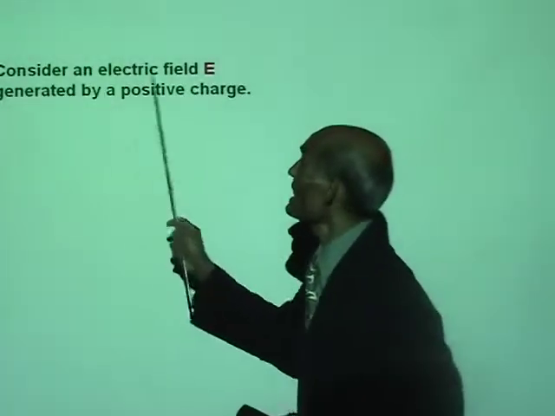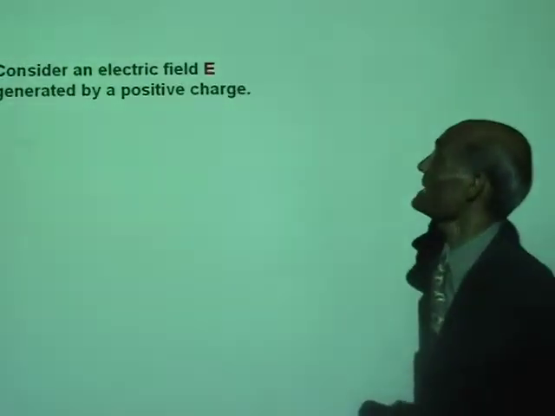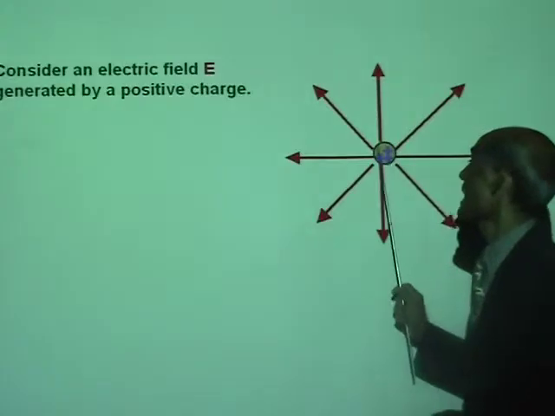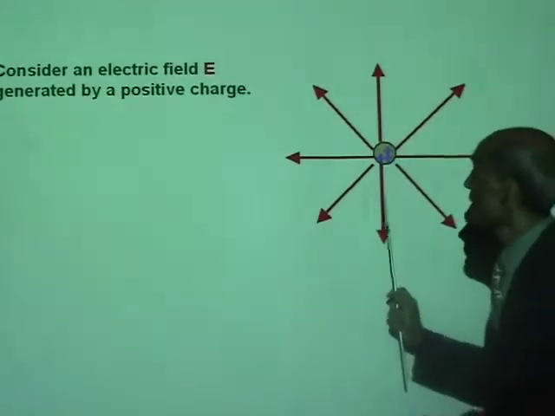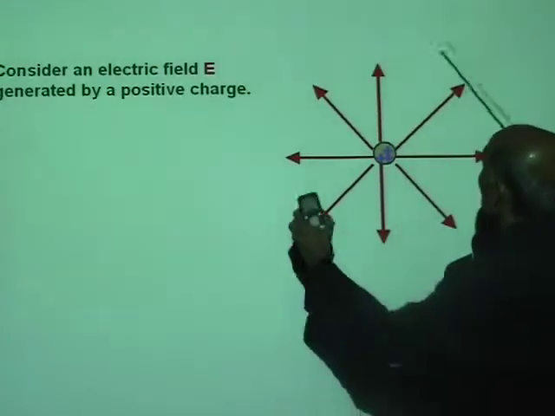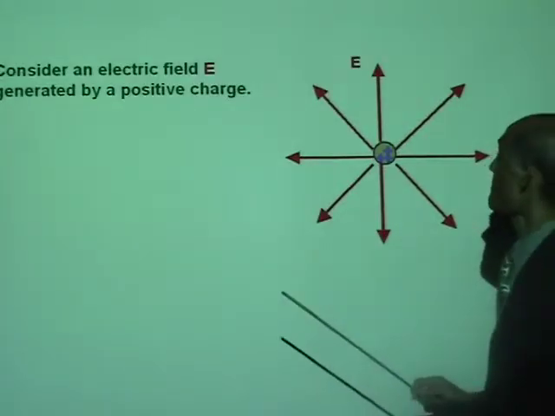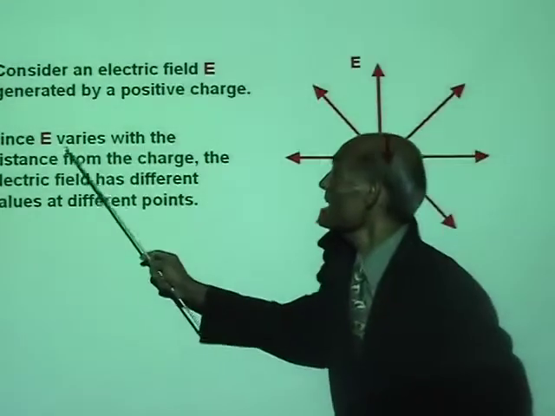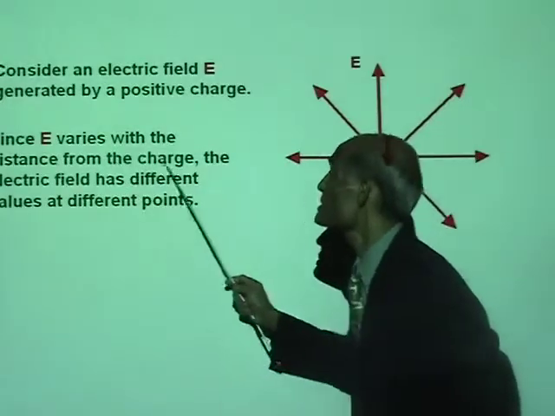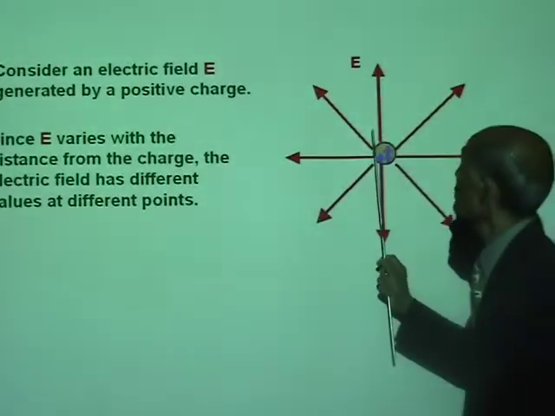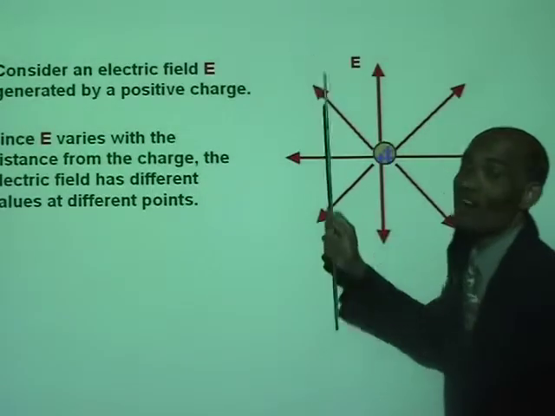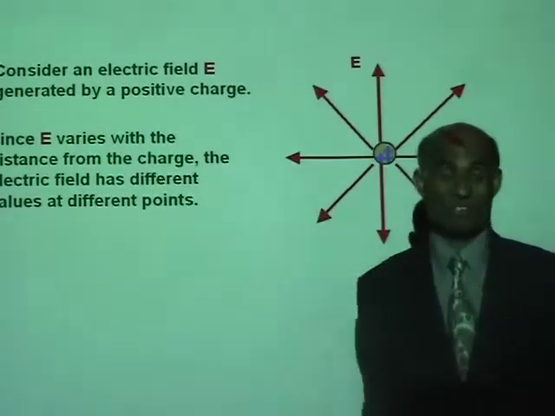Alright, consider an electric field E generated by a positive charge. Now here I have a positive charge and an electric field is generated around it. Alright, so that's the electric field E. Since E varies with the distance from the charge, is that right? If you move away from the charge, the intensity of the electric field decreases.